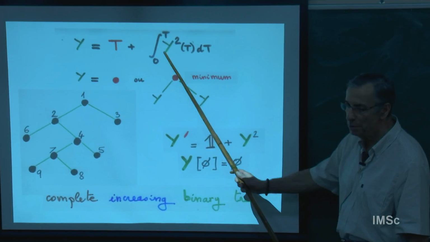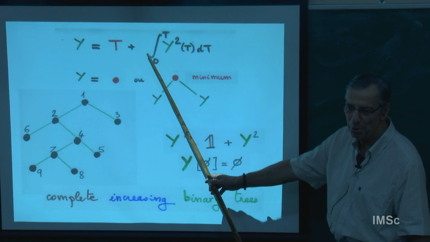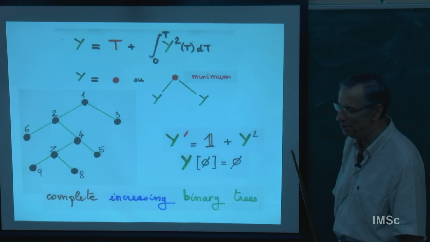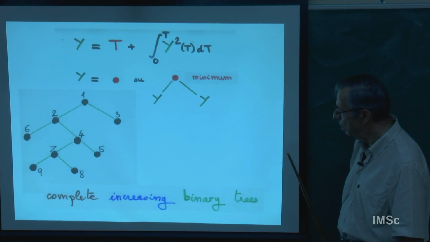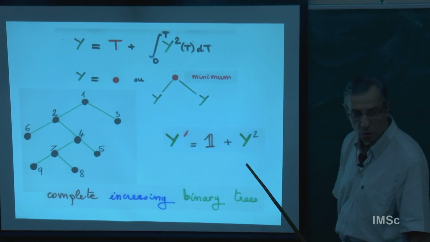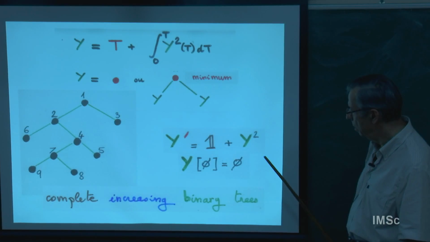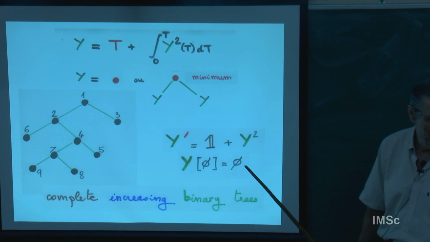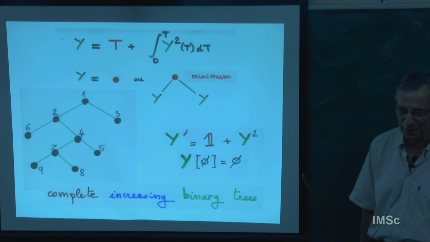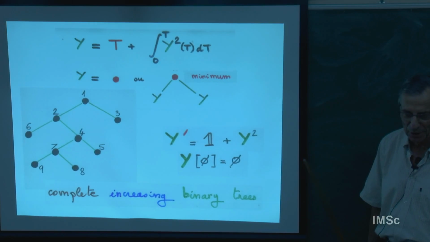So you can work with the differential equation, or it's more intuitive to work with integration. So if you go back to the initial condition for increasing binary trees, what is y of empty? Well, it's y of empty. When it's empty, there is no label, so I can always say it's increasing: it's the empty increasing binary tree.